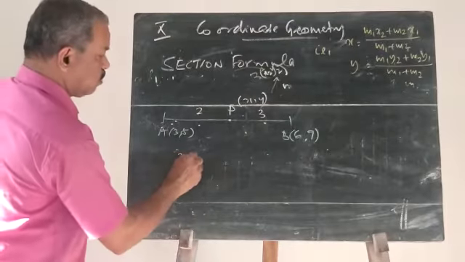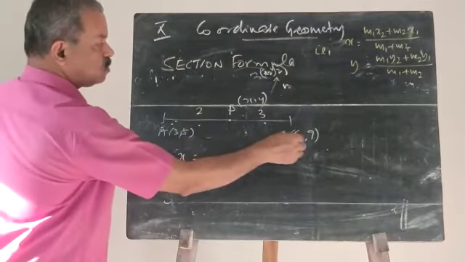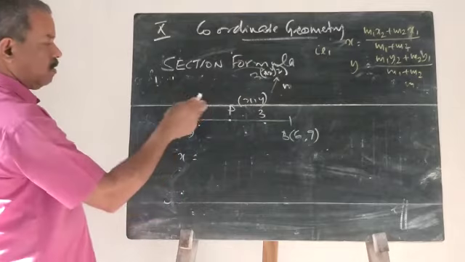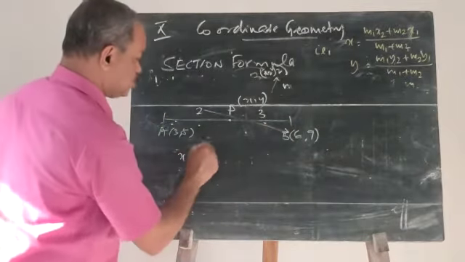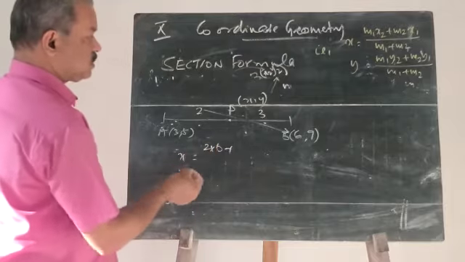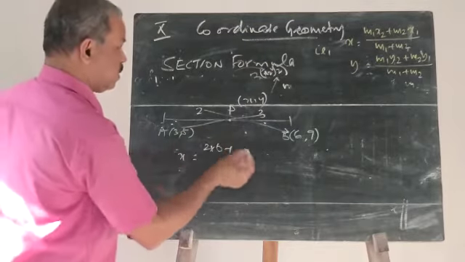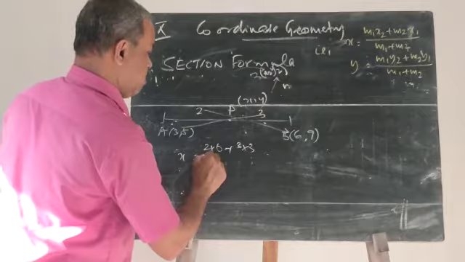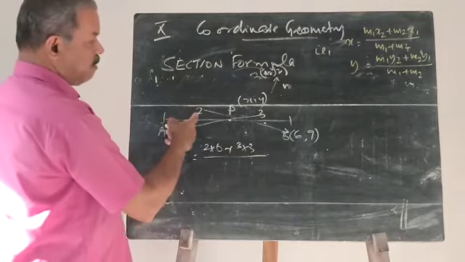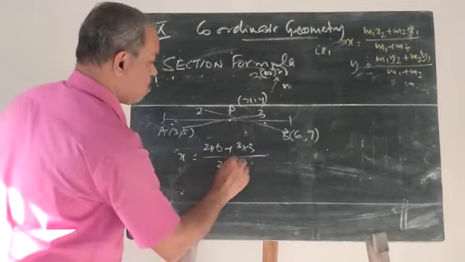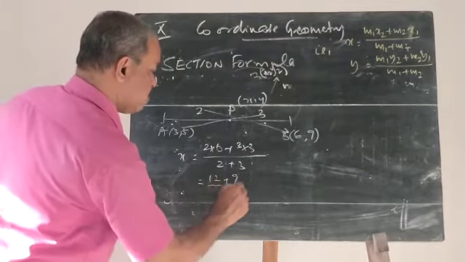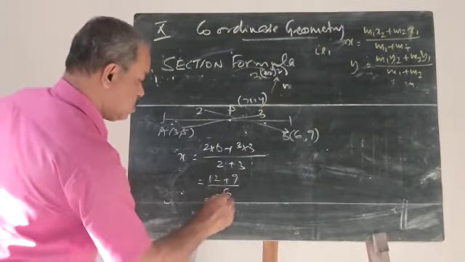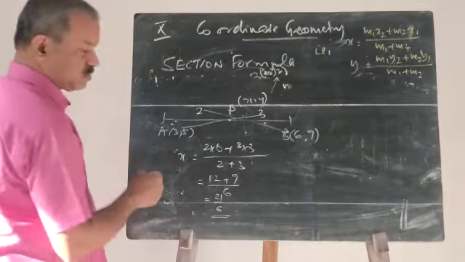X coordinate equal to (m1 x2 plus m2 x1) by (m1 plus m2), which is (2 into 6 plus 3 into 3) by (2 plus 3), equal to (12 plus 9) by 5, 21 by 5.